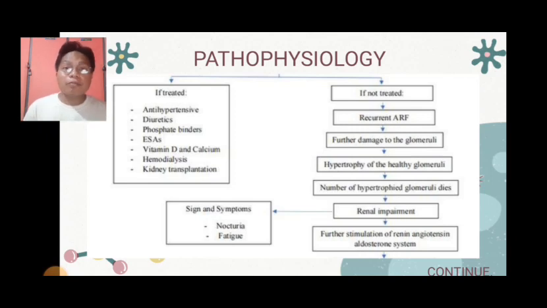Yung kidney transplant is when you have a family, nakukuha yan sa family bloodline, kasi minsan hindi tugma. So if not treated naman, recurrent, of course, start naman siya sa acute renal failure.